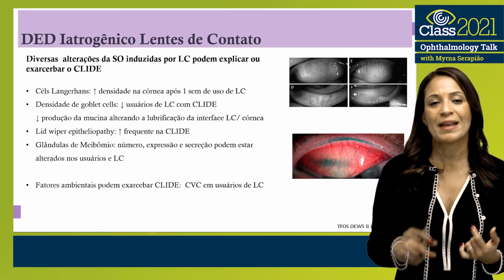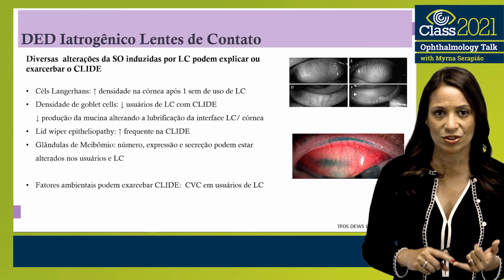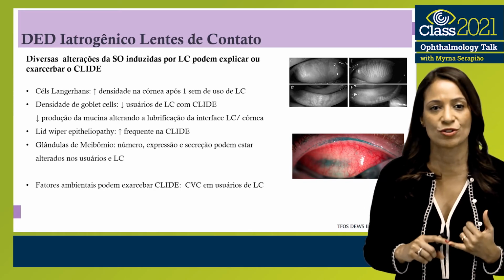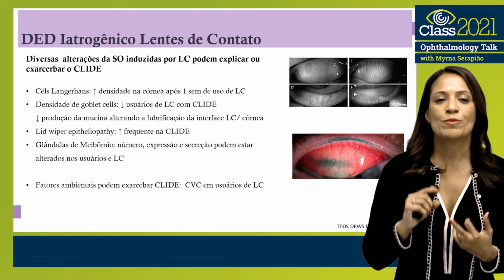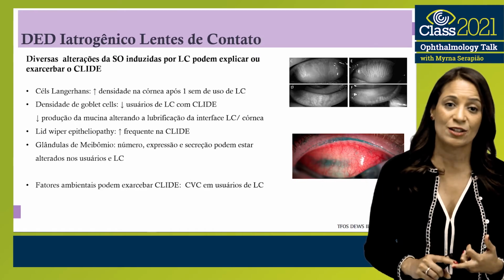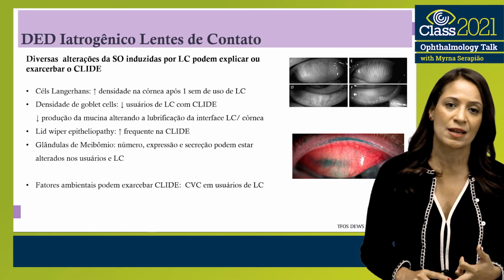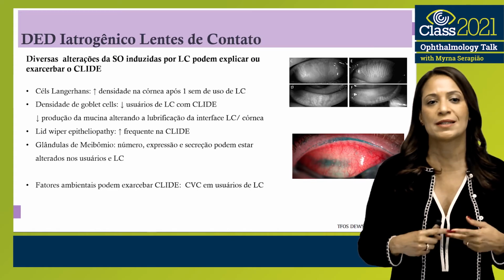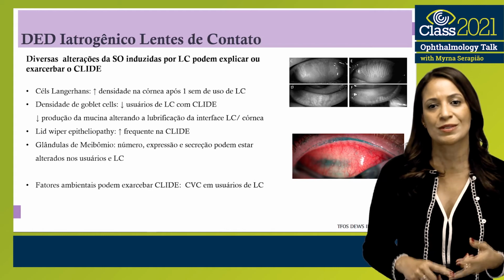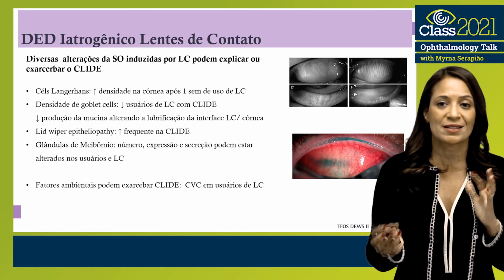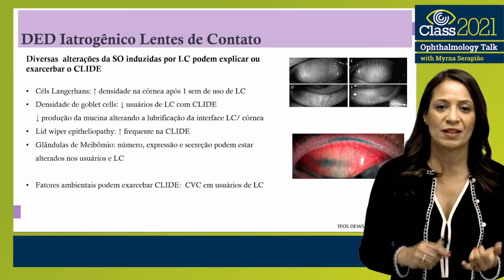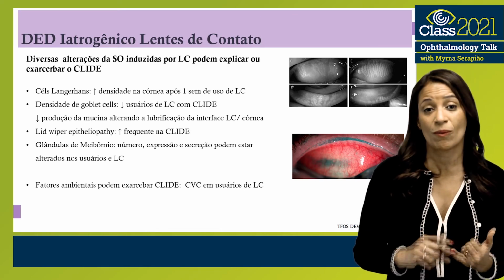And so we watch an increase in the density of Langerhans cells in the cornea after 1 week wearing lenses, a decrease in goblet cell density in contact lens wearers, significantly compromising the mucin production, which leads to a change in the cornea contact lens interface or lid wiper epitheliopathy, which is frequent in the patient wearing a contact lens.